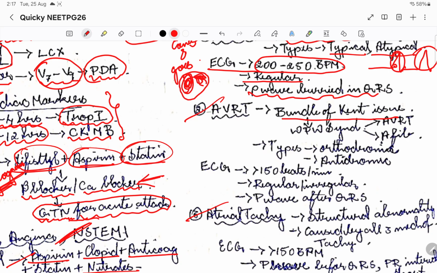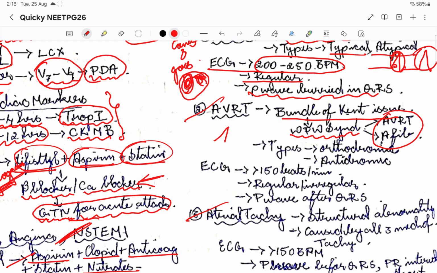If that is there, it is a problem. That is where Wolff-Parkinson-White syndrome might occur, and the ECG might look like a delta wave. Here atrial fibrillation might occur; these people have the highest risk of atrial fibrillation.